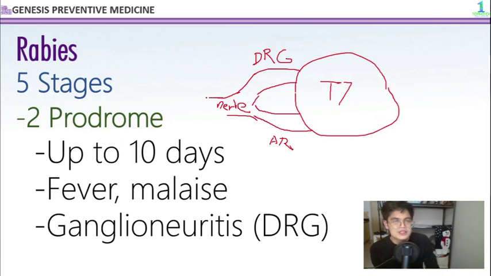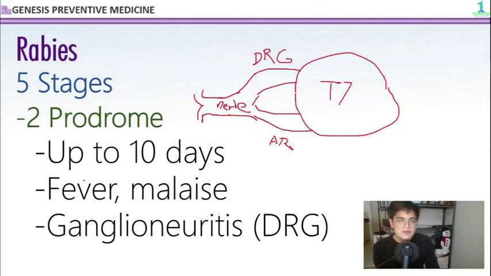And from the T7 nerve, you can get the anterior branch and the posterior branch, the somatic anterior branch and the posterior branch for the back and the thoracic wall, for example, for T7. So don't confuse the roots, the nerves, the ganglia, the spinal cord. That's what you need to remember.